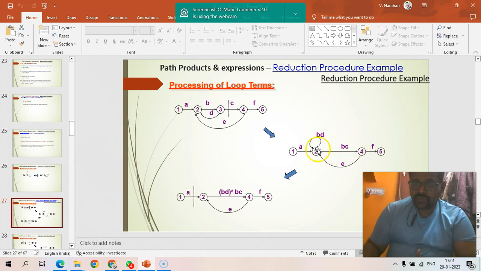There is no other link from 2; the out link is only 2 to 4. So that's why we make BD asterisk and take it as a product with BC: BD asterisk BC.